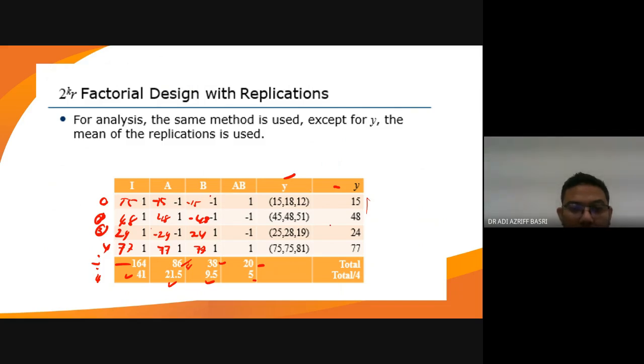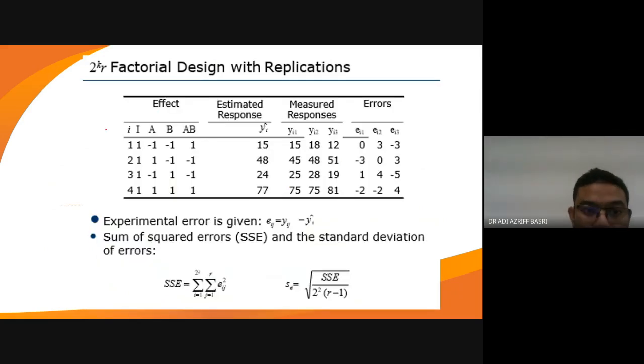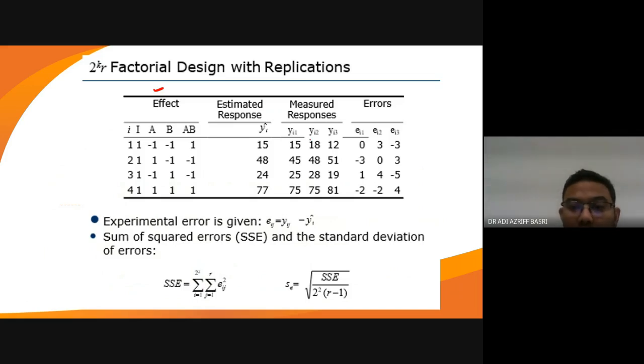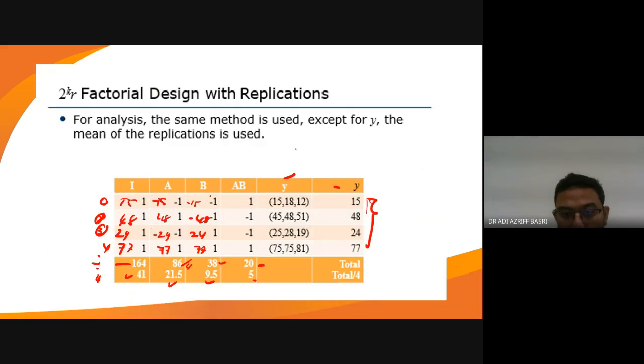How many replications? Okay. These are the effects of A, B, I, AB. The estimation response is 15, 48, 24, 75. This will be based on the y. Okay. Then the measured responses are 15, 18, 20, 12.